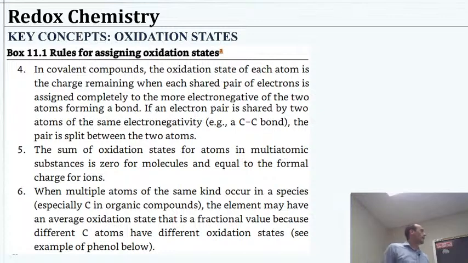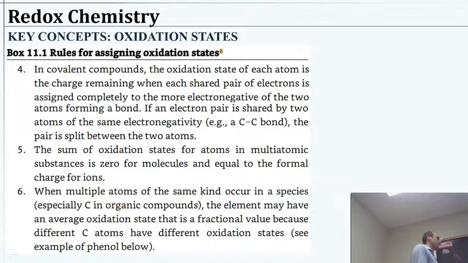Okay, next, the sum of oxidation states for atoms in polyatomic substances is 0 for molecules and equal to the formal charge for ions. So if it's not charged, it's not charged. Pretty simple there. When multiple atoms of the same kind occur in a species, especially carbon in organic compounds, the element may have an average oxidation state that is a fractional value, because different carbon atoms have different oxidation states.